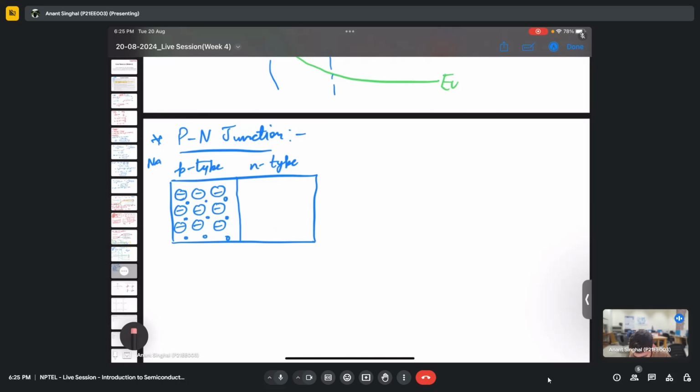Similarly, for N type, we will have Nd, that is positive donor ions, and the majority carriers will be electrons. I'm denoting these electrons with the filled circles.